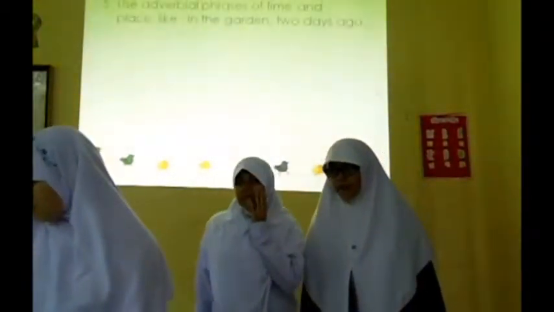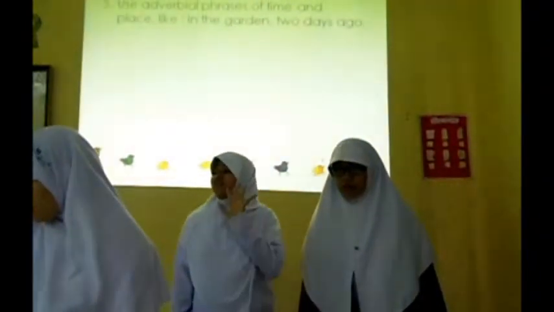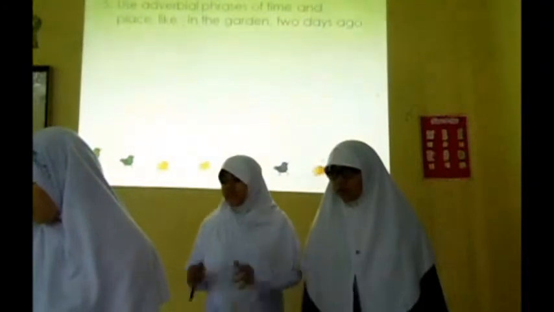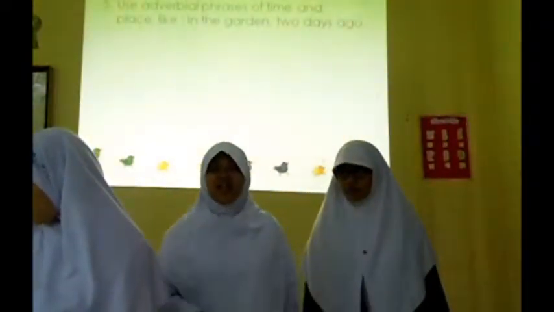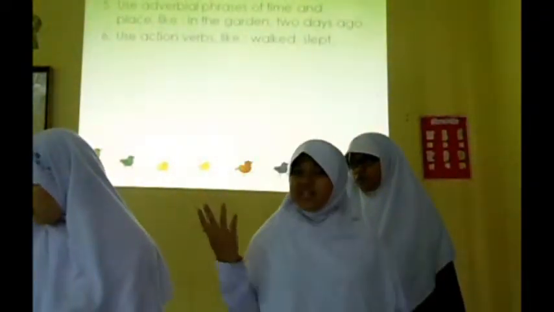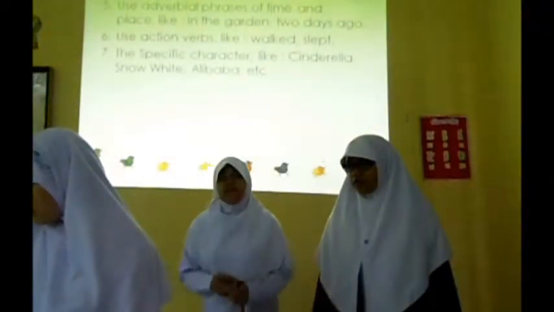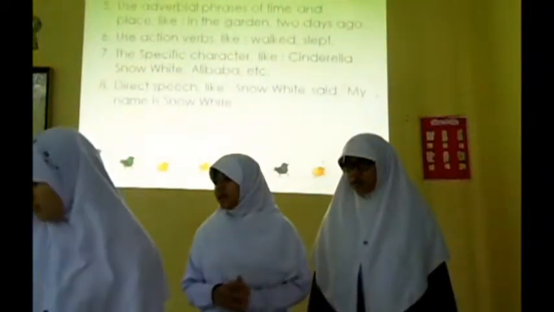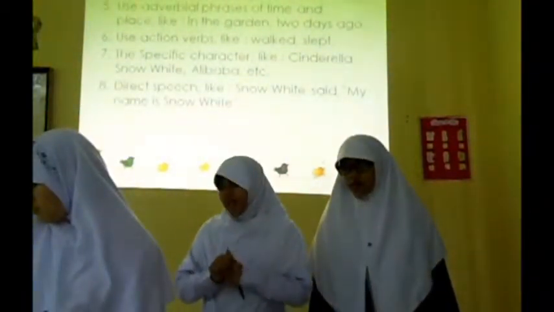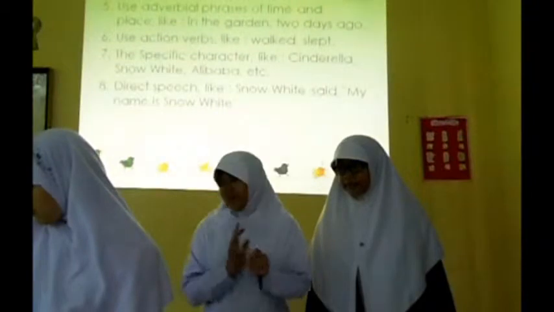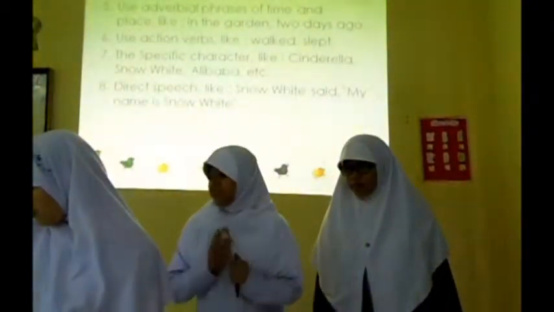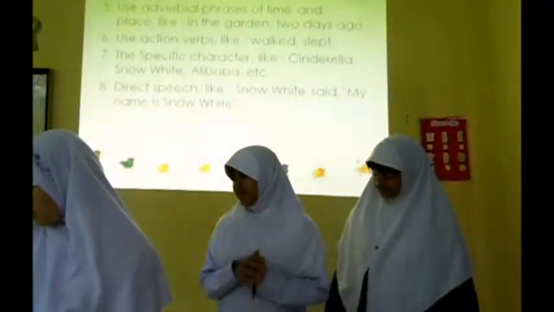And then the fifth is use adverbial phrases of time and place like in the garden or 3 days ago. And then use action verbs like walk or slept. And then specific characters like Cinderella, Snow White, Alibaba, etc. And the last is direct speech like Snow White said, "My name is Snow White."